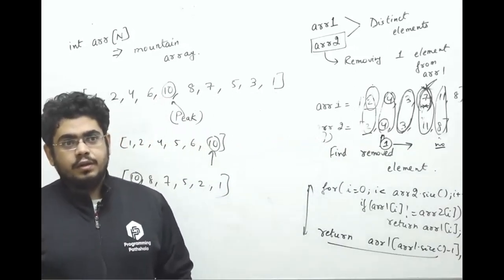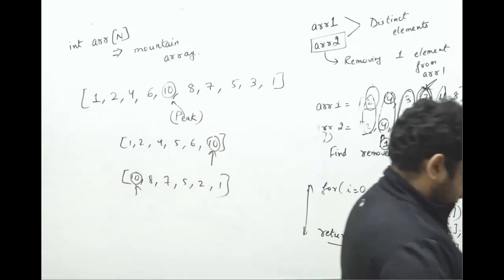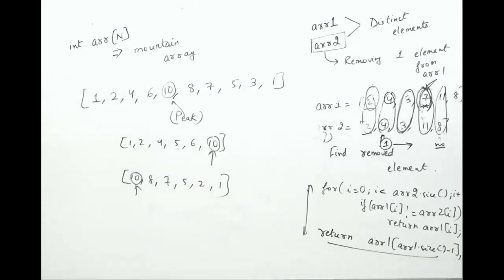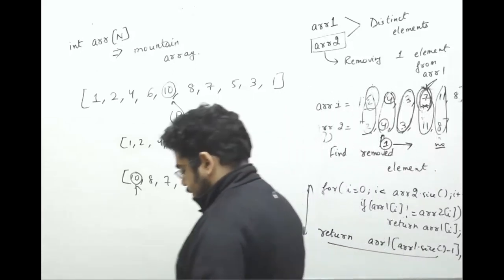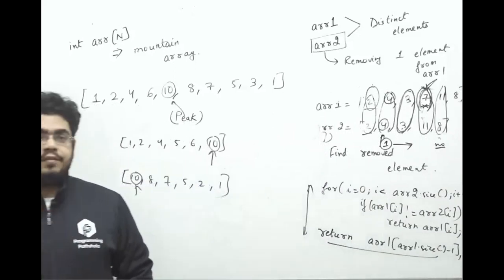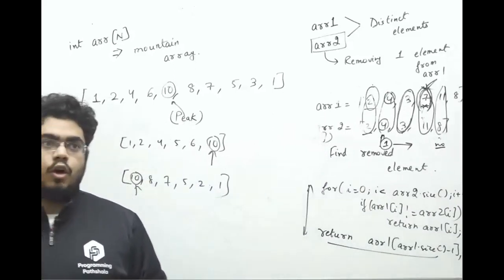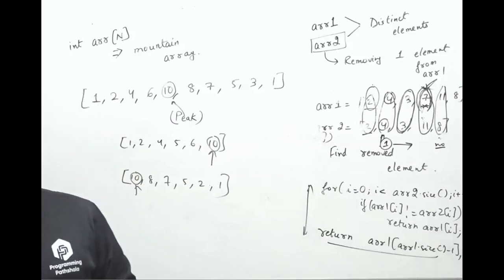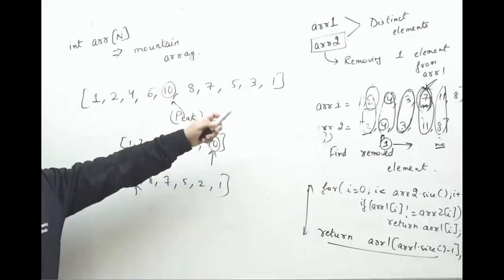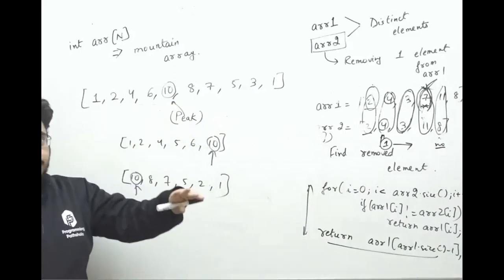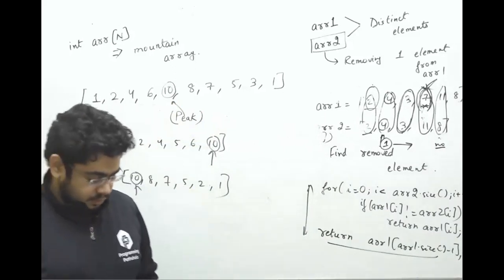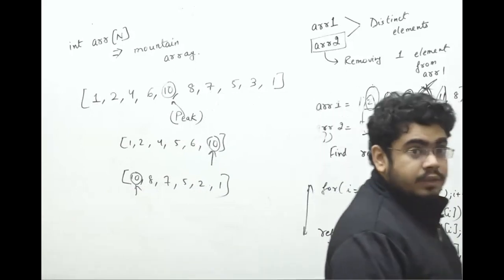How can we, with a loop, find the answer? Yes, the maximum number will be the peak. But can we do it in a much better way than that? For the maximum, you'll have to go through to the end of the array. Can we find a way where as soon as we land on the peak, we say this is the peak?